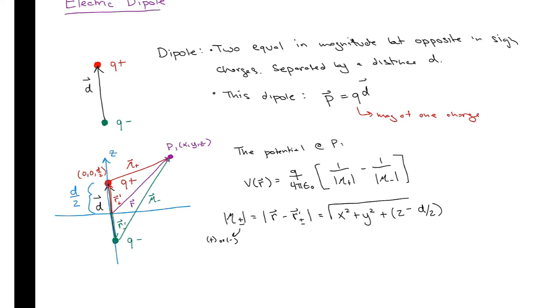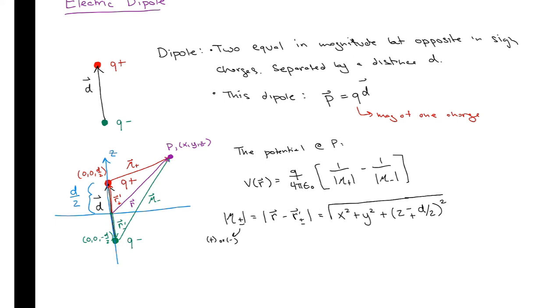And then down here, this one's at 0, 0, negative d over 2. Okay, so that's going to flip the sign here because I'm subtracting this position vector from this one. I need a square there. Okay, so those are the position vectors of each of the charges.